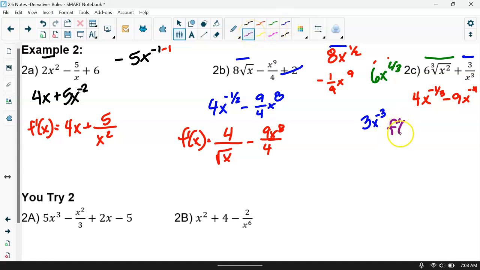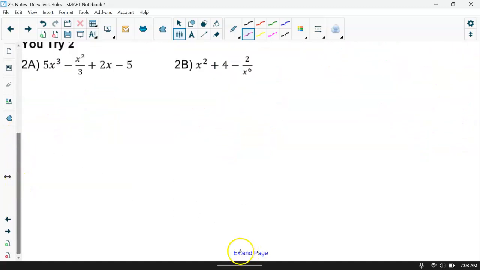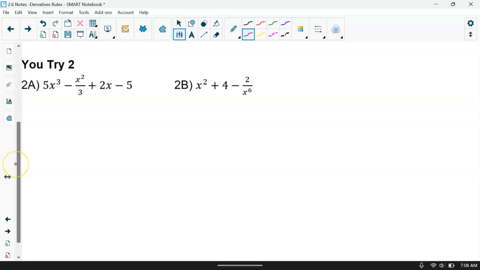So our derivative is 4 over the cubed root of x, because that's x to the negative 1/3 or x to the 1/3, minus 9 over x to the 4th, because again, x to the negative 4, so make sure to write that reciprocal here. This is our derivative. So go ahead now, pause the video, and try these 2 on your own.